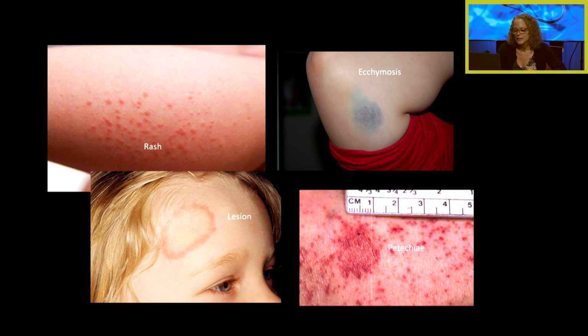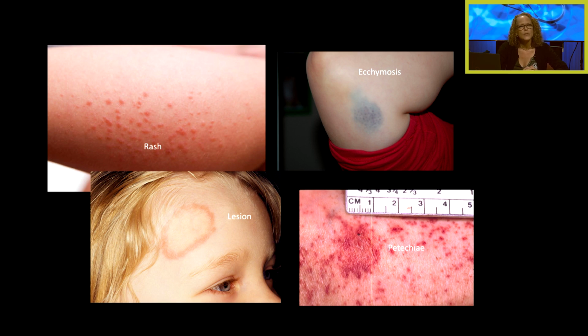This is a lesion. I think this is an example of ringworm on a little boy's forehead. And then we see up in the corner an example of ecchymosis. Ecchymosis is a fancy word for bruising. So this individual has a bruise on their arm here, and that is ecchymosis.